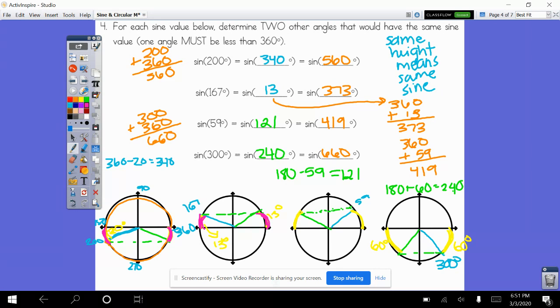How far is it from the midline, and then figure out if you need to add that to 180, subtract it from 180, add it to 360, or add it to 0. There's really not a trick for this because you really have to draw it and think about, is it before 180, after 180, a little bit before 360, or a little after 0? You have to look at that to figure out what math you need to do.